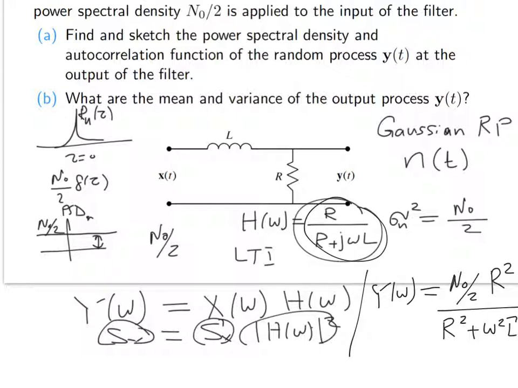What's this? No. It's omega squared, 1 minus omega squared L squared over omega squared L squared plus 1 multiplied by R squared. And you took R outside, and you don't need the root because you're getting the square of the magnitude already. R squared times 1 minus omega squared L squared divided by omega squared L squared plus 1.